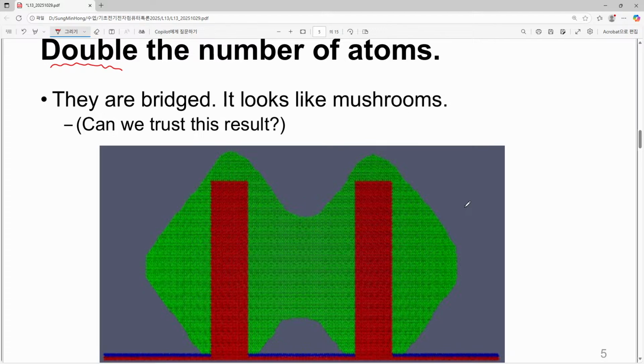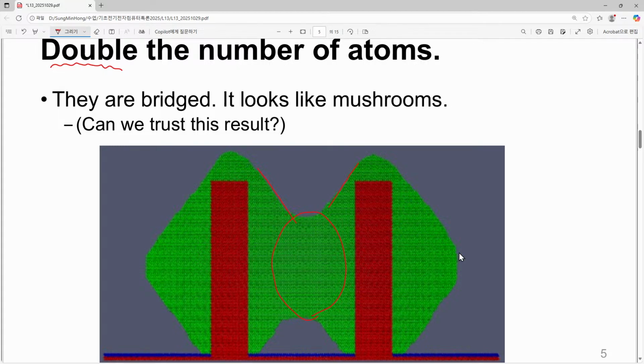When we double the number of atoms, they are just rigid. Here and there we can see that these are rigid. It looks like mushrooms.